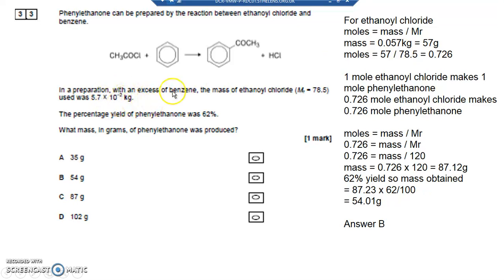So I've got 57 grams of ethanoyl chloride, Mr 78.5. Number of moles is mass divided by Mr, 57 divided by 78.5, is 0.726 moles.